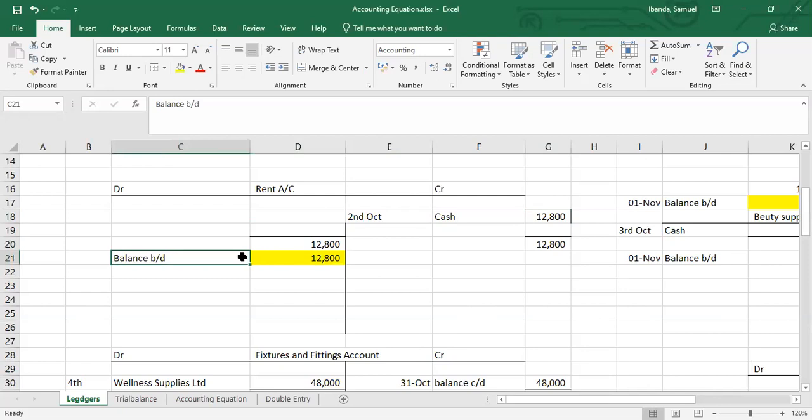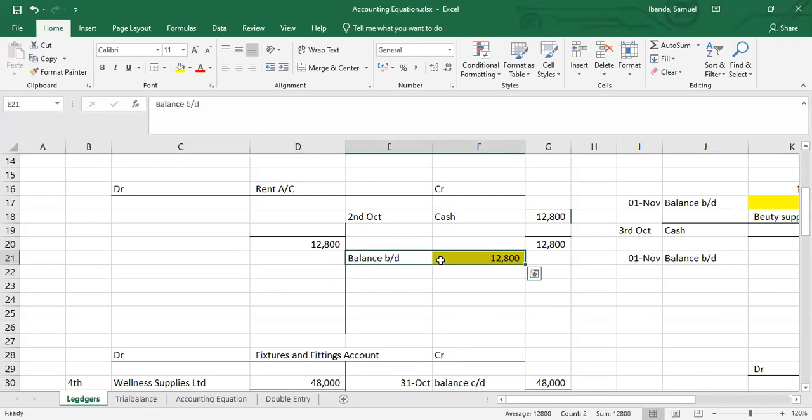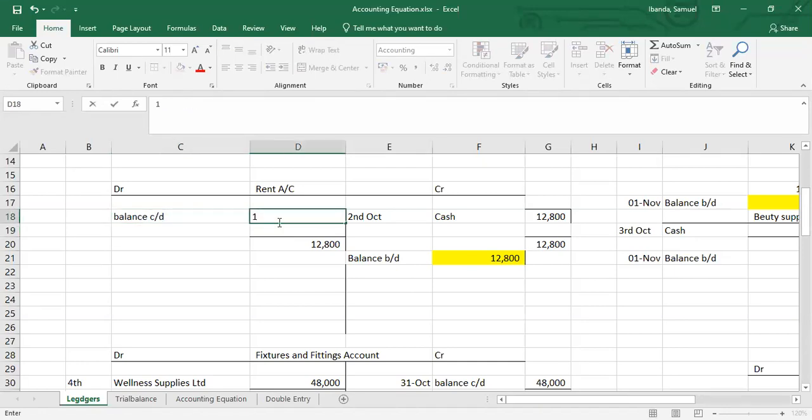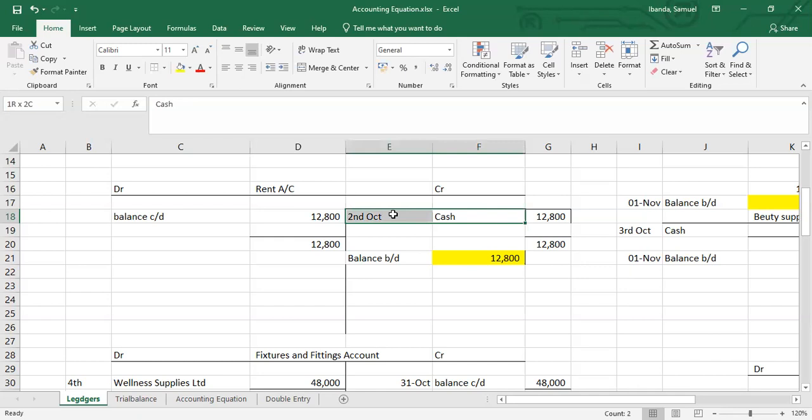So it means that even your balance will shift. Your balance will now be on this side. This side we shall have our balance. Our balance carried down of 12,800.